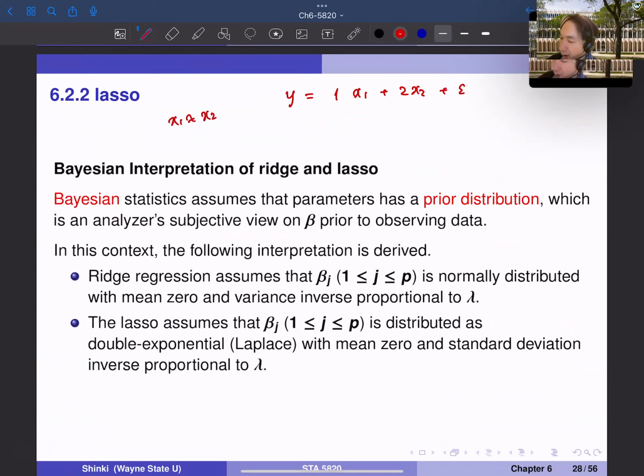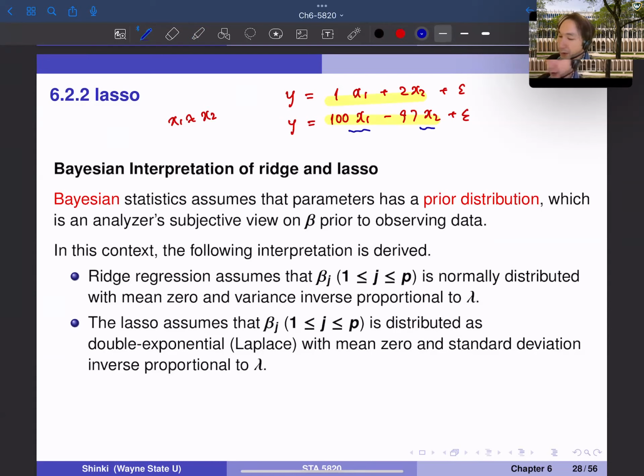If our estimate is y equals, for example, 100x1 minus 97x2, these are actually similar in value, but the large coefficients make prediction unstable if x1 and x2 have measurement error. So it makes sense to penalize the size of the parameters.